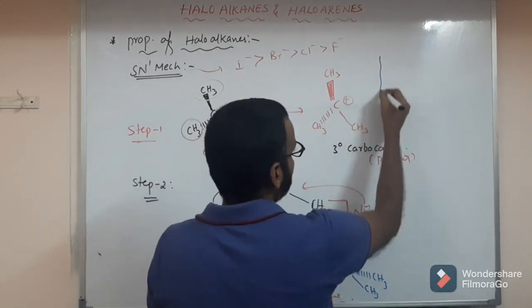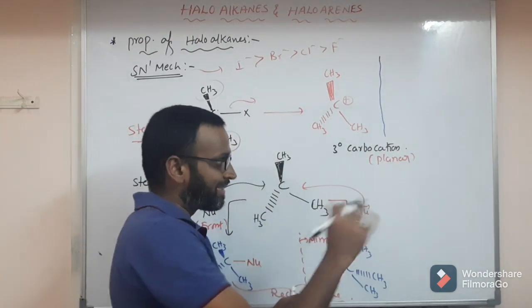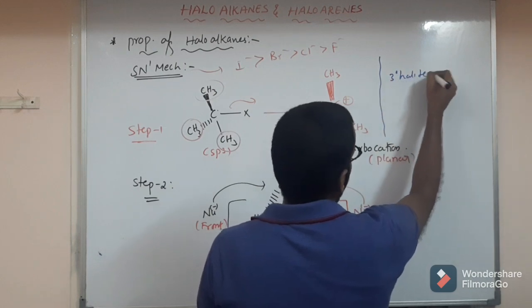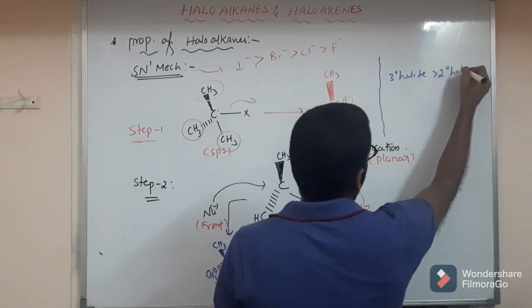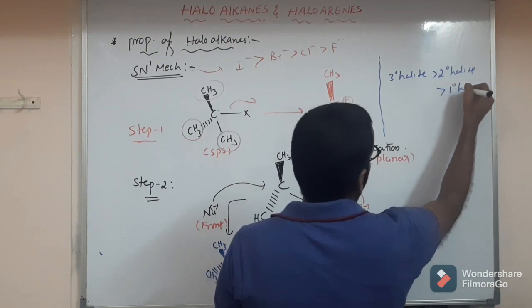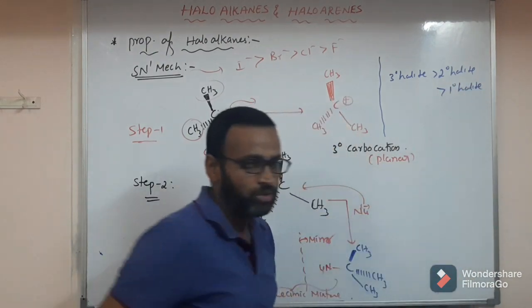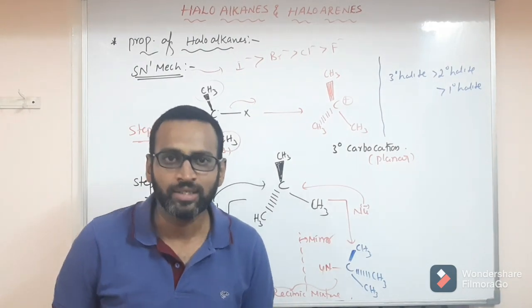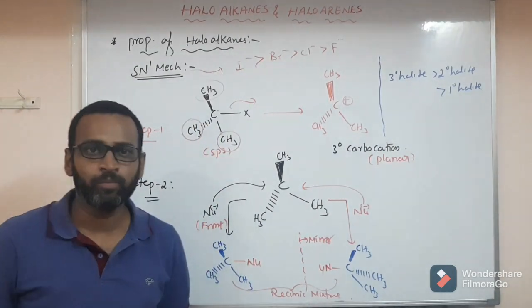And for the reactivity of halides, tertiary halide is more reactive than secondary halide than primary halide. Previously I also gave the order of reactivity in both SN1 and SN2. Please go through those. Very important.